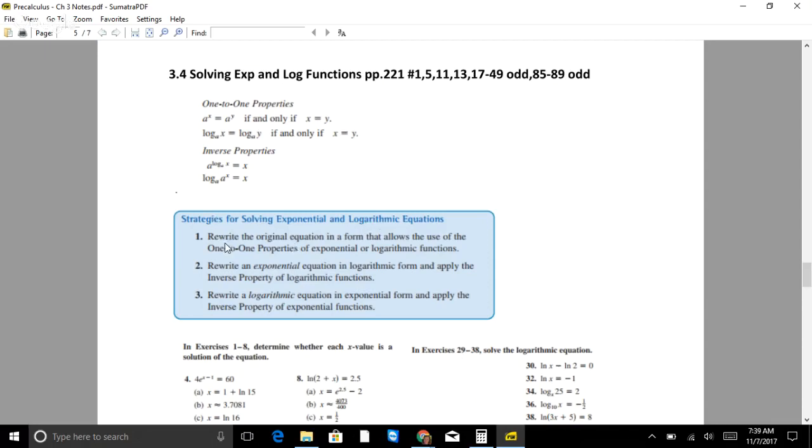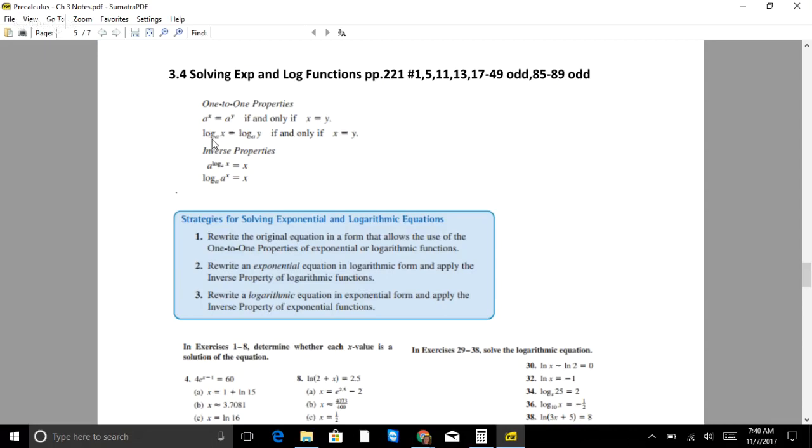One is to rewrite the original equation in a form that allows the use of the one-to-one properties of exponential or logarithmic functions. Up here we have our one-to-one properties. This basically says if I can get a to the x power equals a to the y power, so the base of each of my exponents equal to each other, then I know that my exponents are equal to each other.